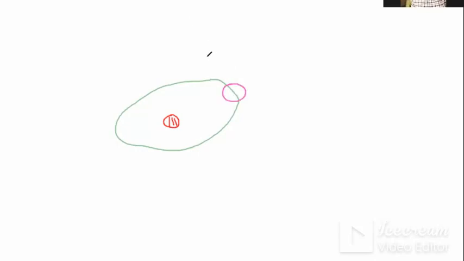Now this is called the major axis and this is called the minor axis. The short distance is called minor and the long distance is called major. Semi-major axis means this distance and this distance, and this is actually the distance between sun and earth.